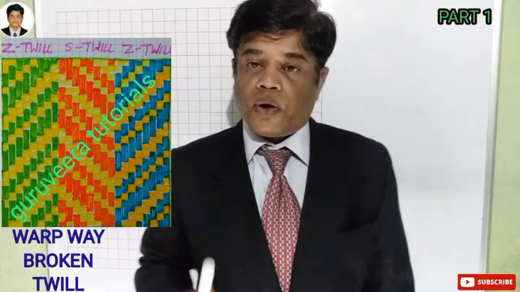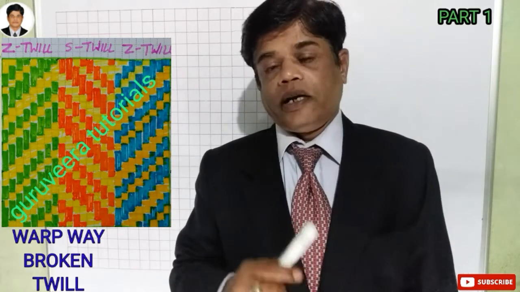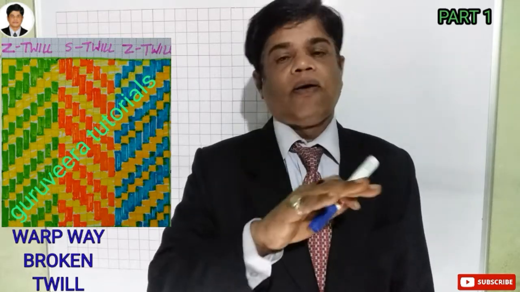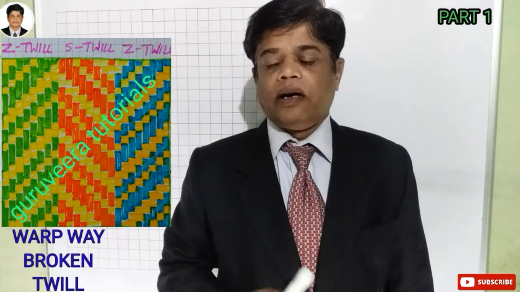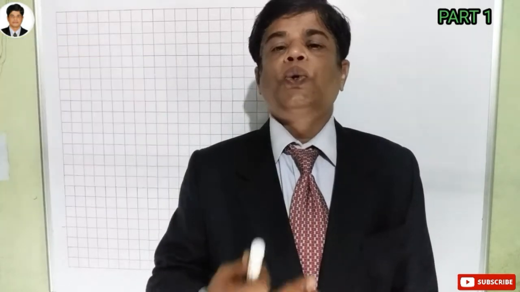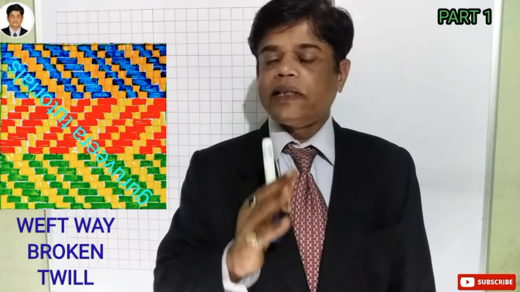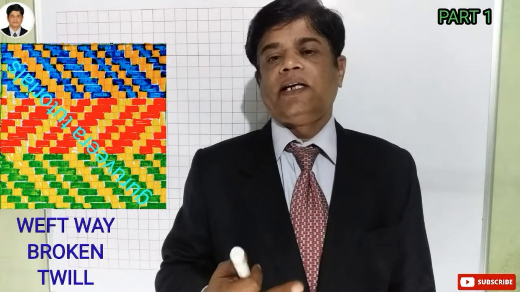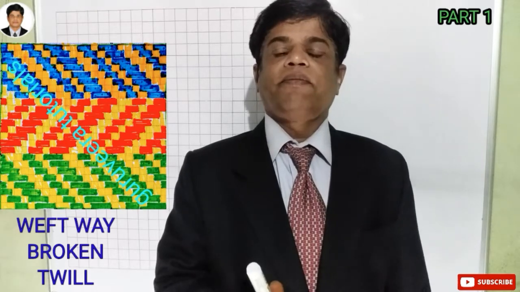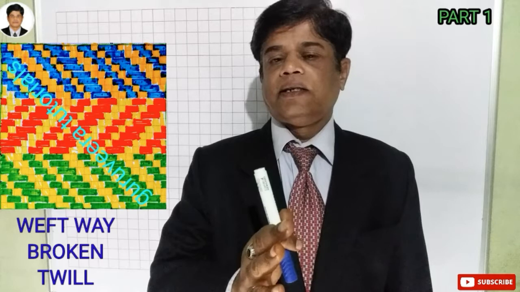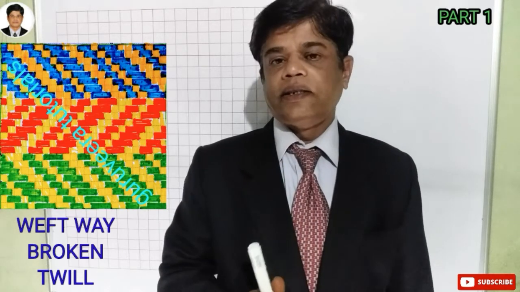See, this broken twill can be achieved, as I told, warp way or weft way, and many patterns can be designed. That is how the weaving mill designer or textile designer modifies it. It depends upon the mill's decisions, on their capacity decisions, their planning decisions and their market decisions.